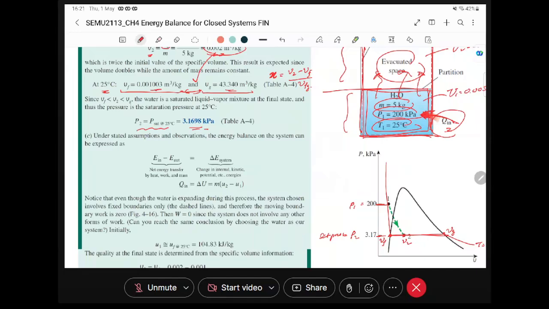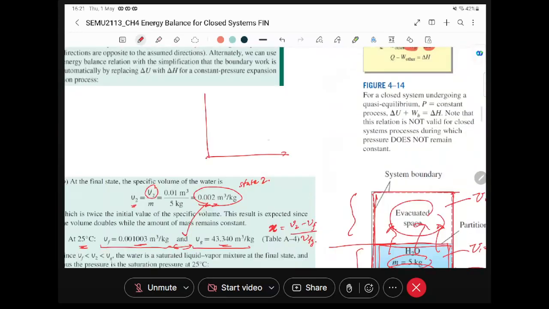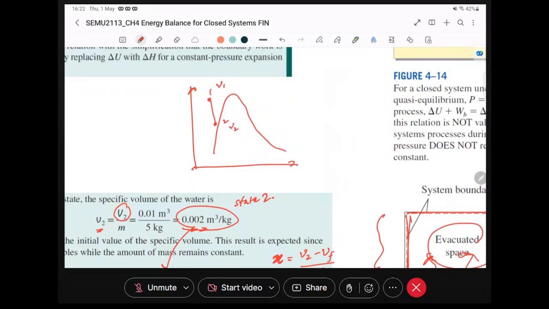If it's still compressed liquid, let's say it only goes from here to here, we have V1, we have V2. In that case, you can make an assumption to find the pressure.